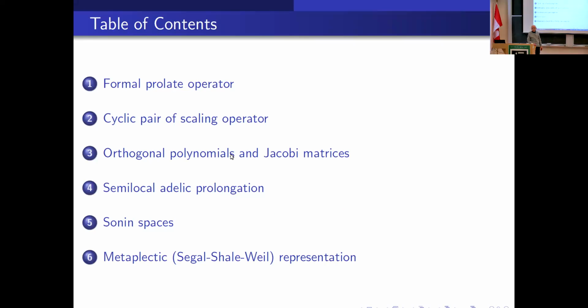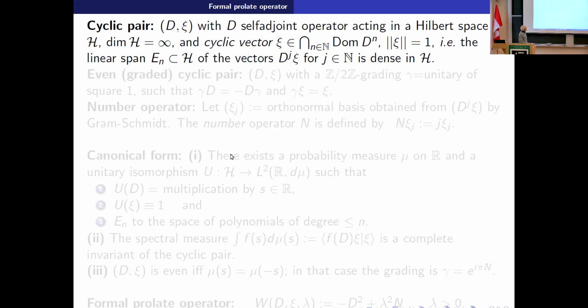It is only a pair. It's called a cyclic pair, because for the cyclic pair, the table of contents is irrelevant. The cyclic pair will be a good envelope for the notions which I'm going to talk about, which are extensions of the prolate operator. Parts of it. So that's a definition.